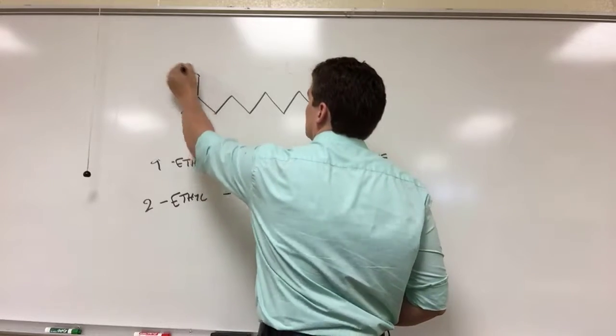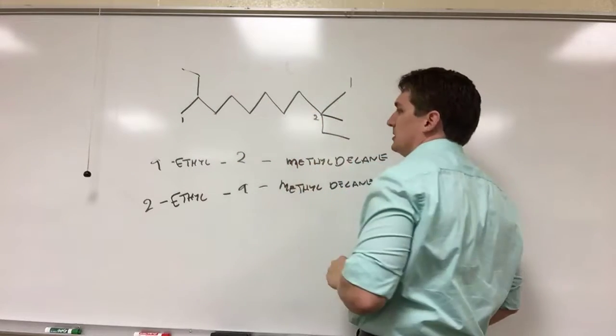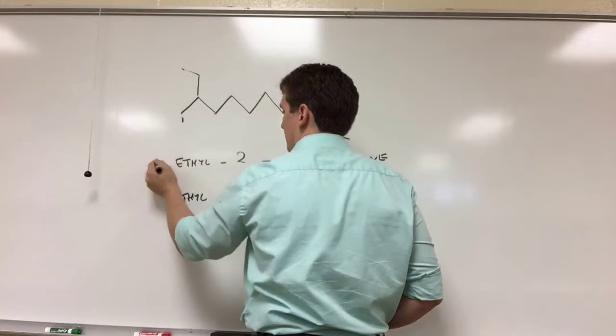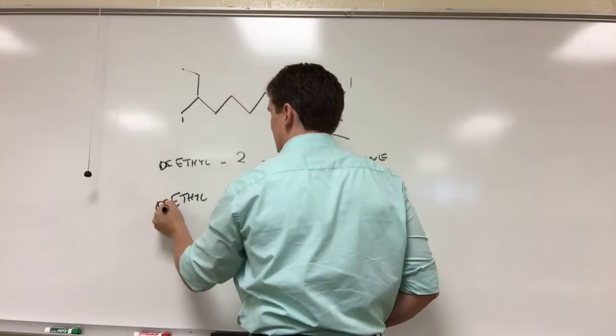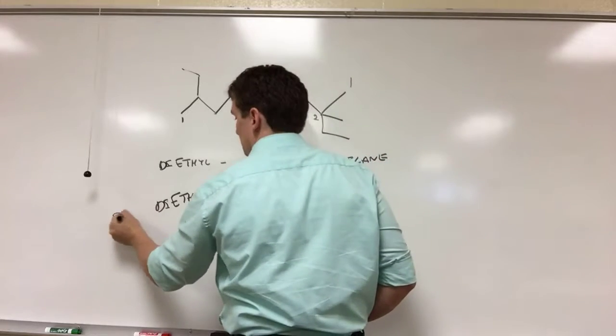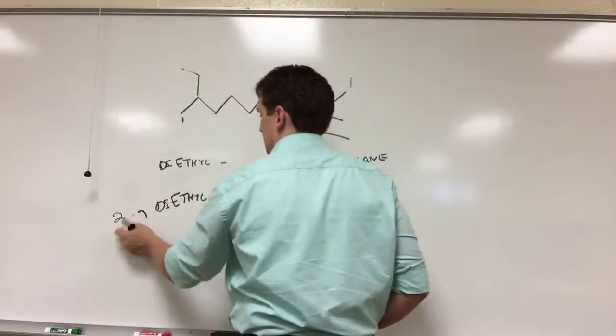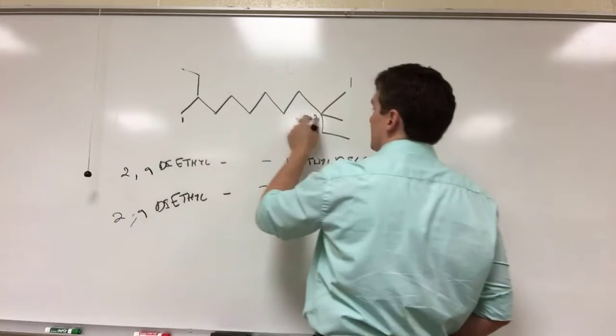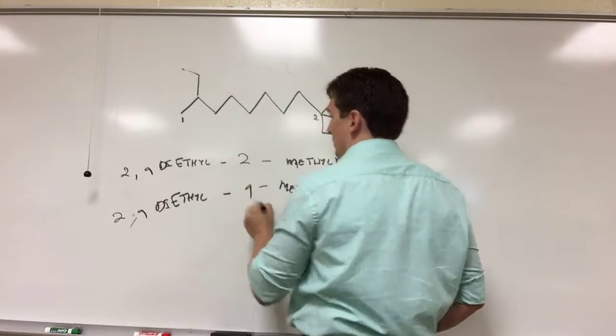Now, let's say, for counter argument, we had a diethyl group. And again, we can do 2,9-diethyl, or 2,9-diethyl. In this case, it would be a 2-methyl or a 9-methyl.